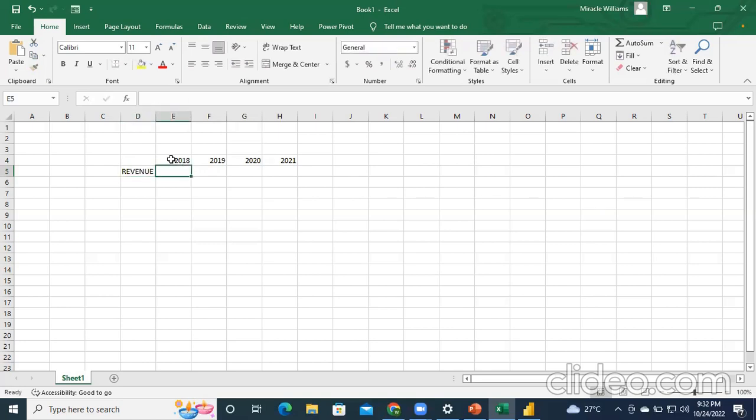Based on the information that was given to you, let's say we have 2050, and for 2019 we have 2961, then for 2020 it's 31, for 2021 it's 35.